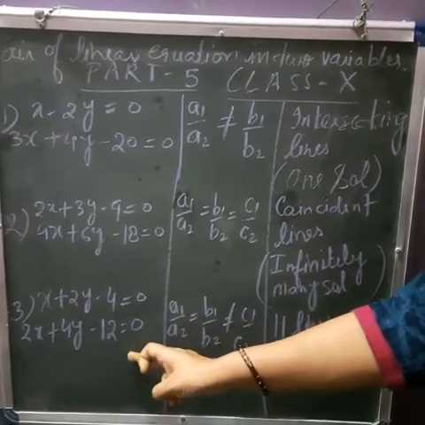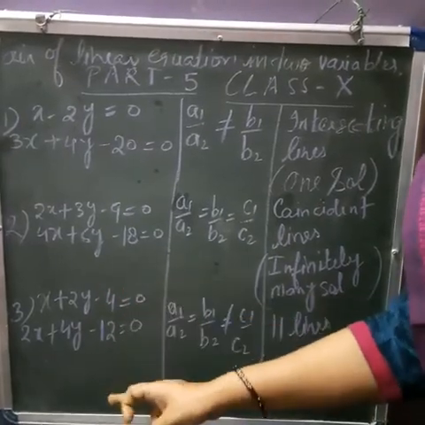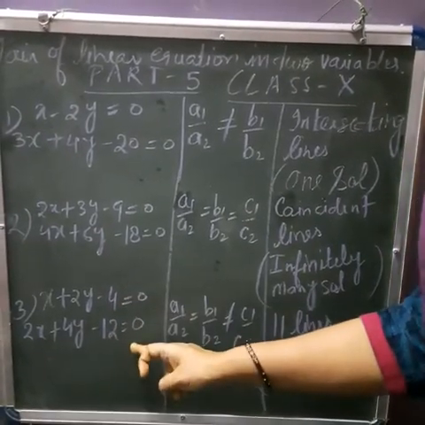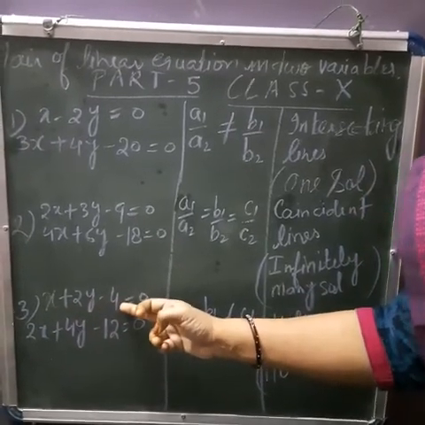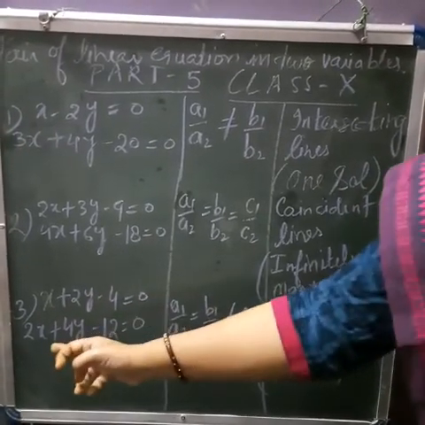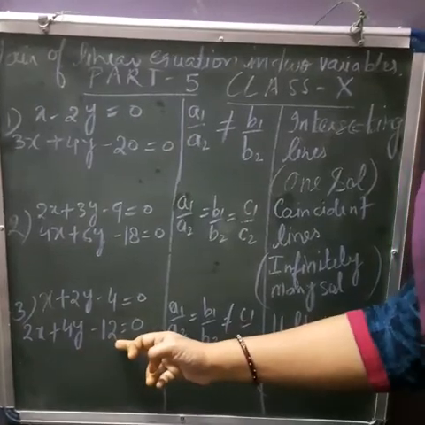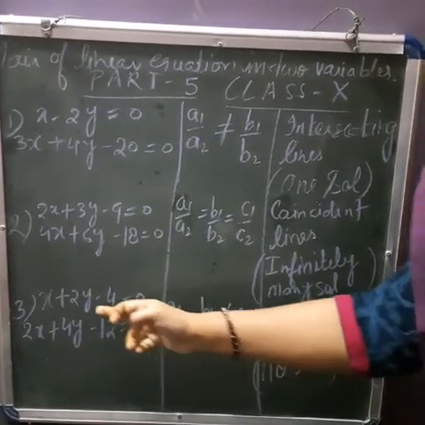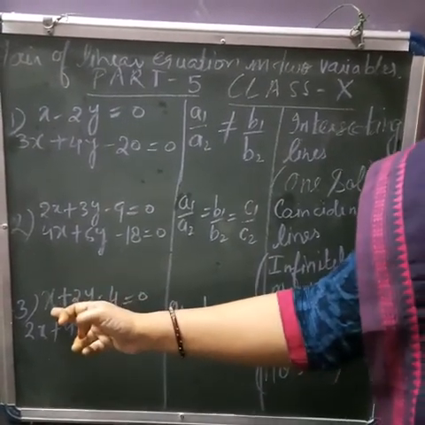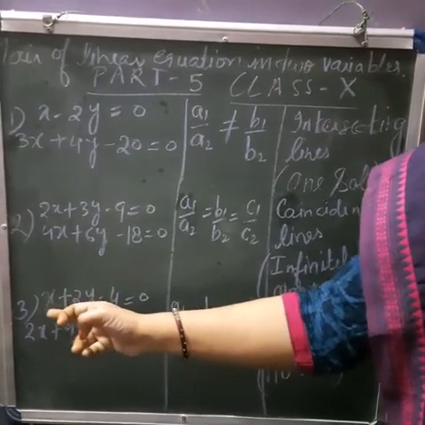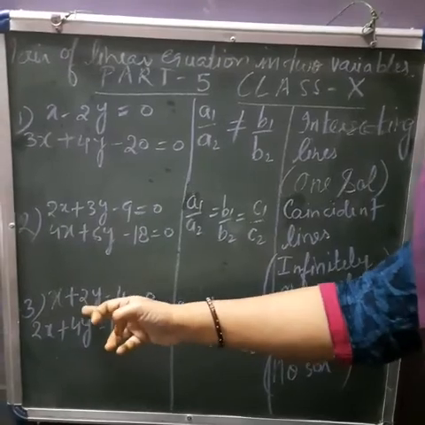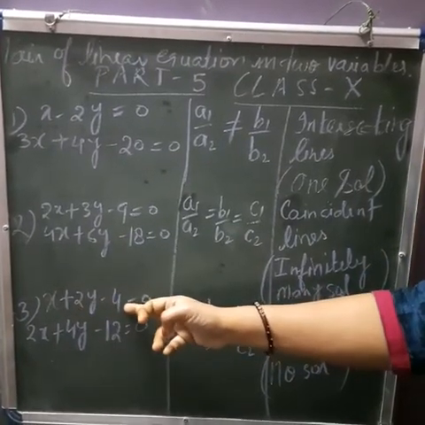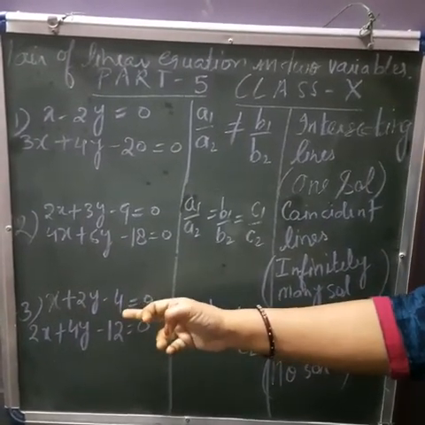The next type: now we have taken other equations. For example, x plus 2y minus 4 is equal to 0, and 2x plus 4y minus 12 is equal to 0. From equation number 1, the value of a1, the coefficient of x, is 1, b1, the coefficient of y, is plus 2, and c1, the constant, is minus 4.